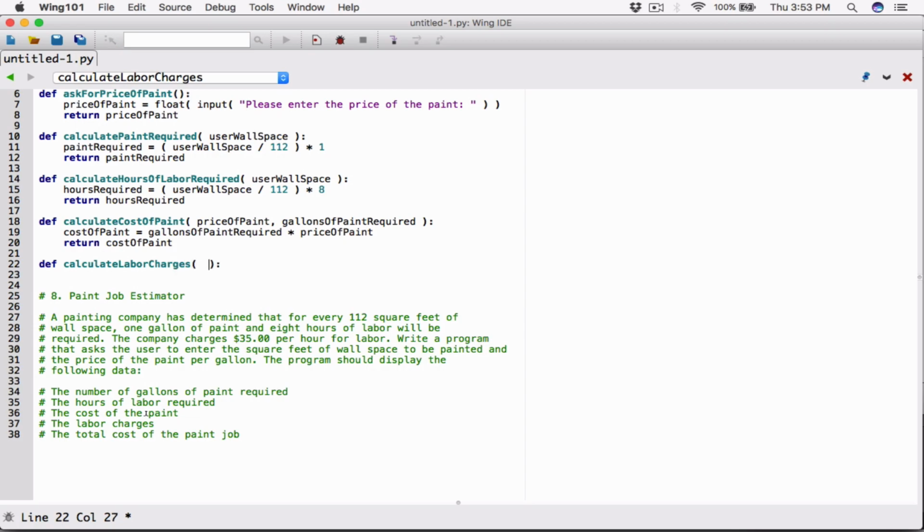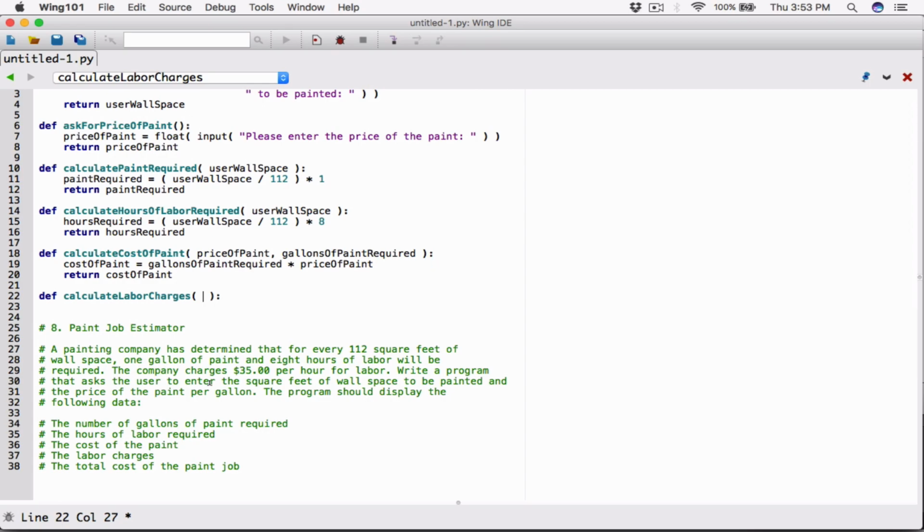Labor charges, when you think about it, is going to need the hours.